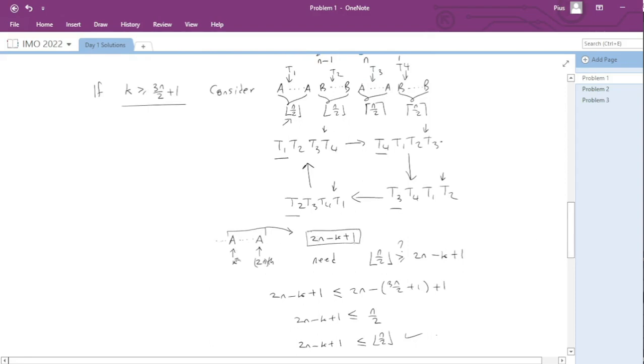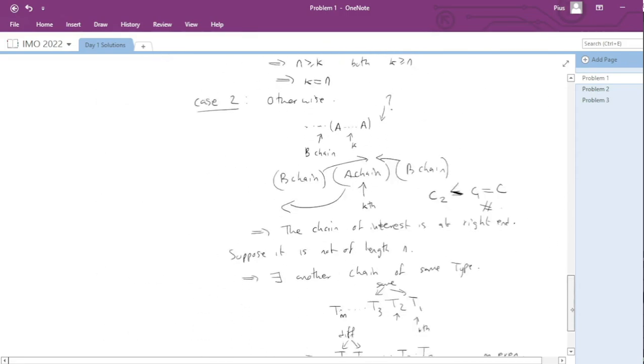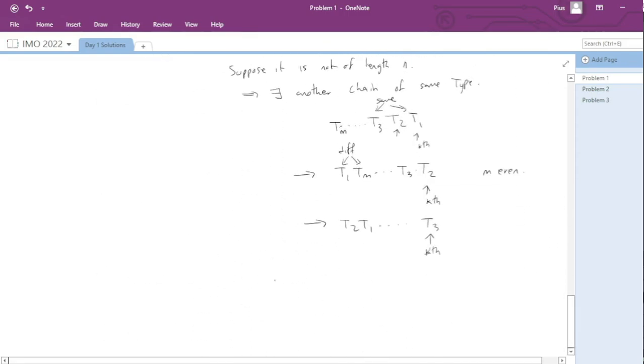So the length of T1 is at least 2n minus k plus 1, and the length of T3 is at least 2n minus k plus 1. And so if you add these two lengths, they are of the same type, so it has to be at most n, will be greater or equal to 4n minus 2k plus 2.